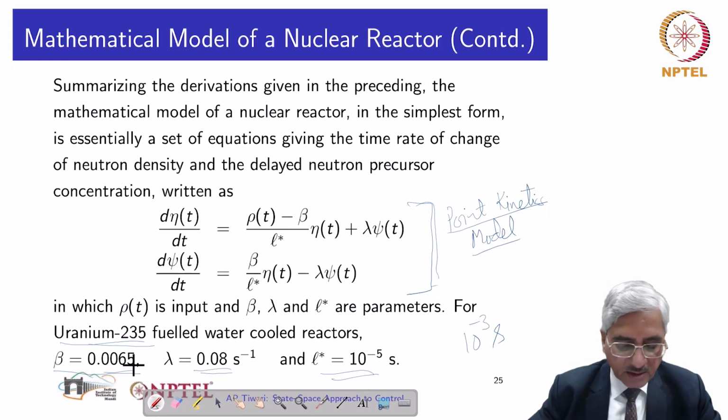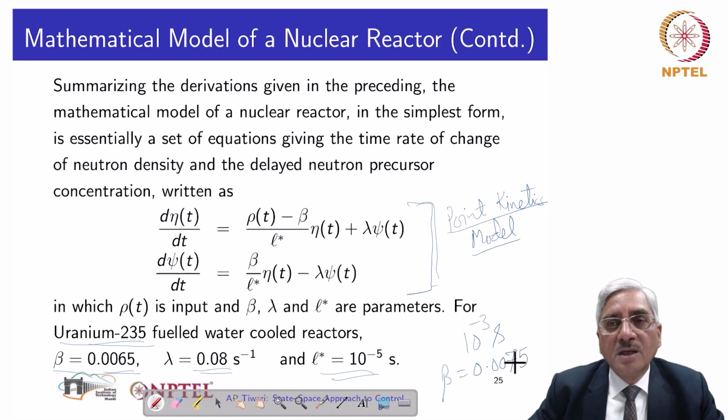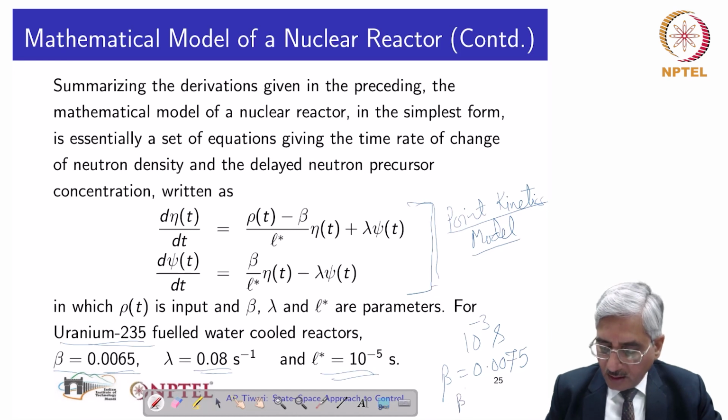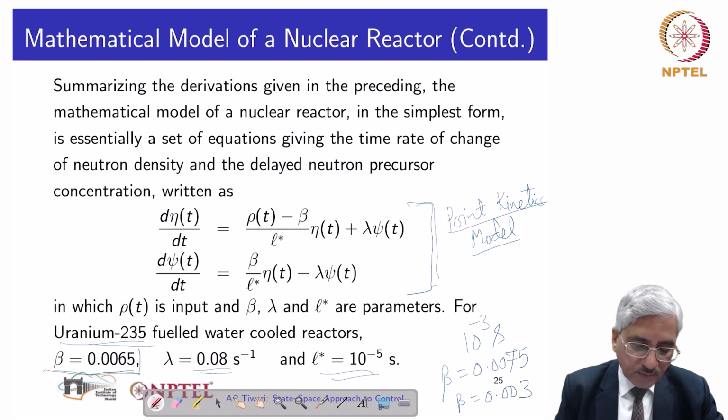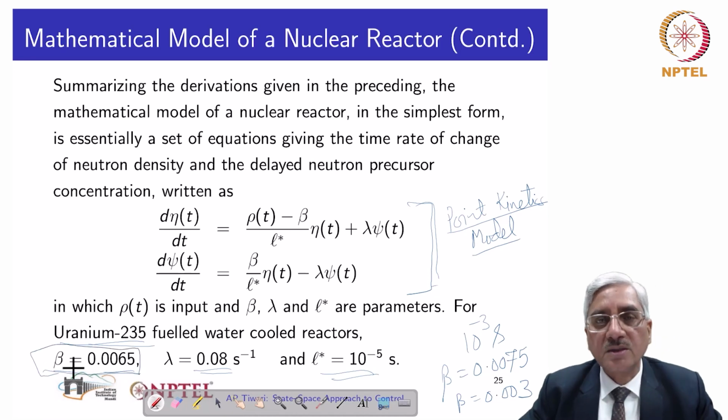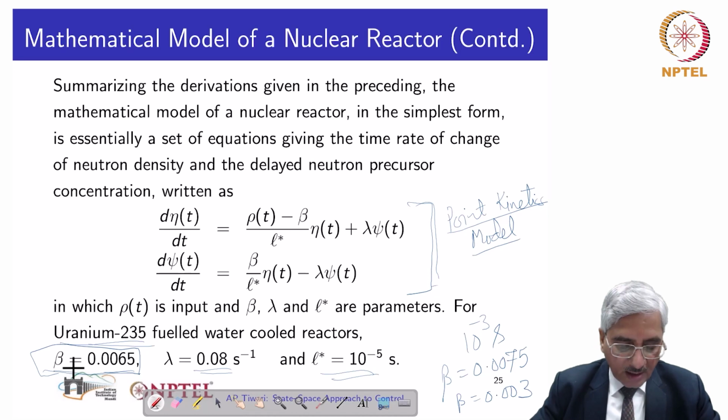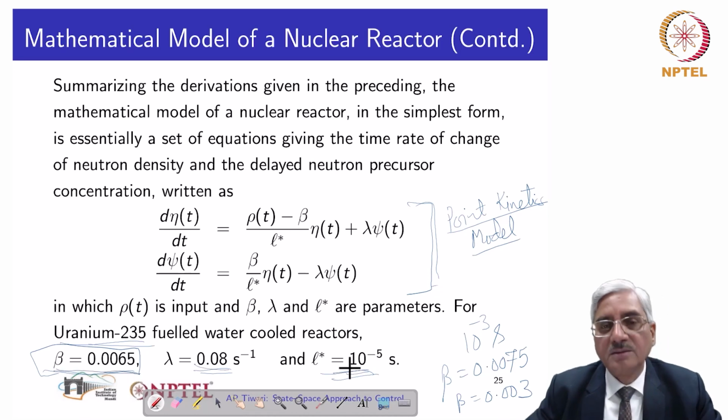So for example, PHWRs utilize beta equal to 0.0075, maybe around that. And for other reactors where either uranium-233 or plutonium is the fuel, beta is smaller, of the order of 0.003. But we are going to consider a uranium-235 fueled reactor, and so for that beta is this much, lambda is this much, L star we will take this much.